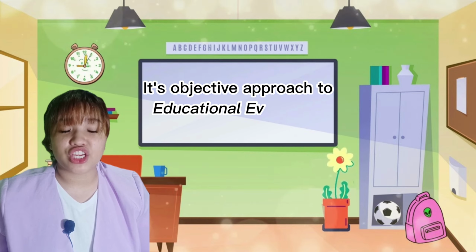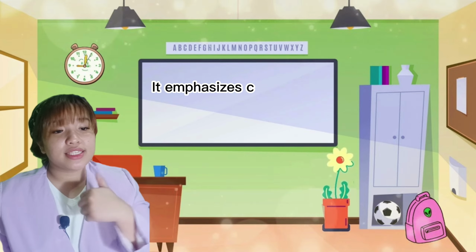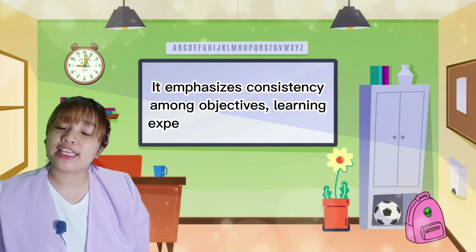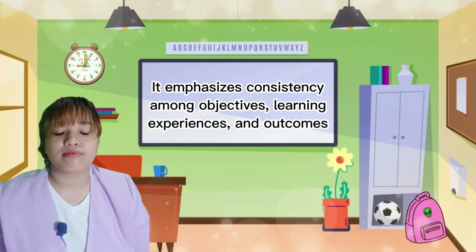Why is it often referred to as an objective model? It is simply because of its objective approach to educational evaluation. It emphasizes consistency among objectives, learning experiences, and outcomes.